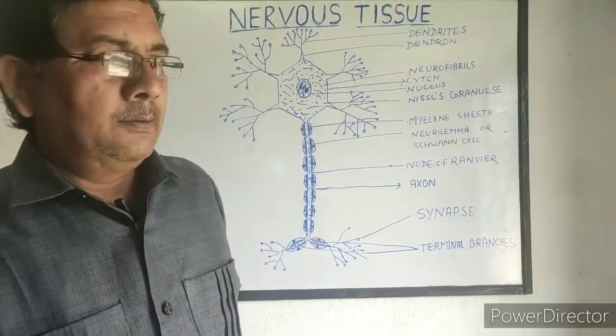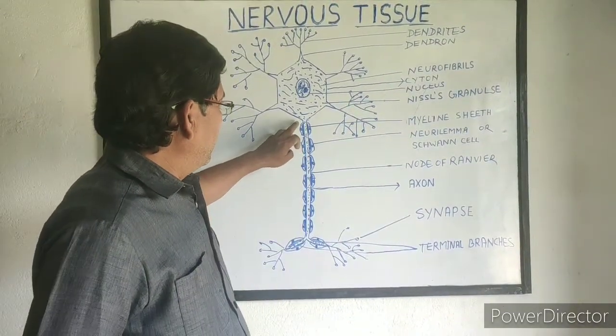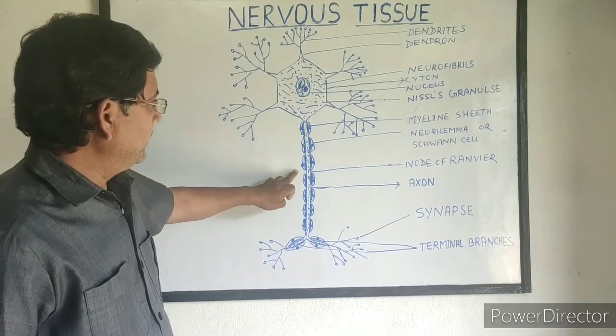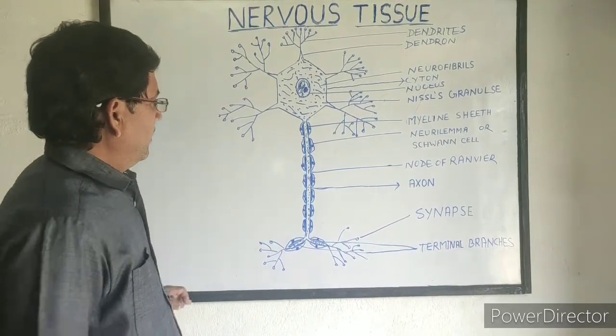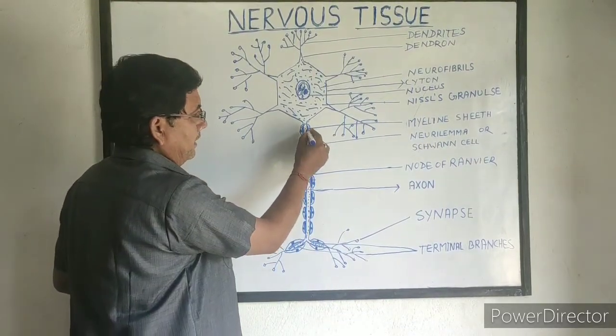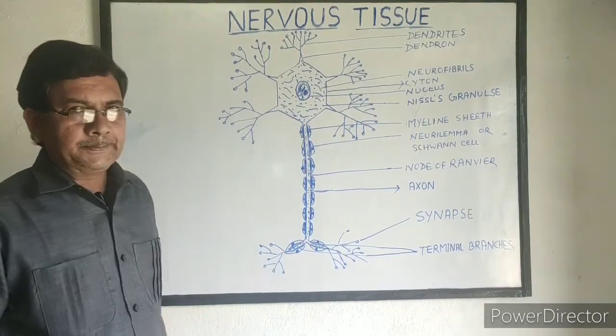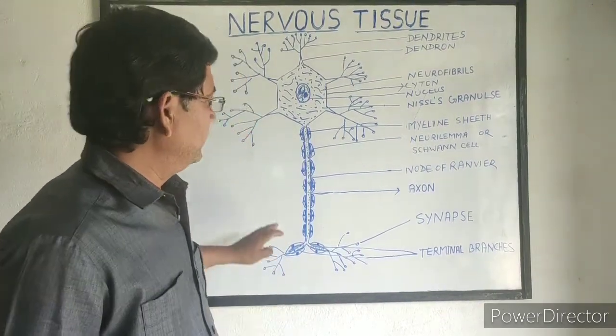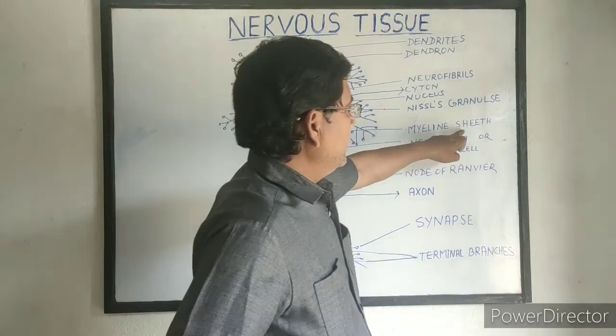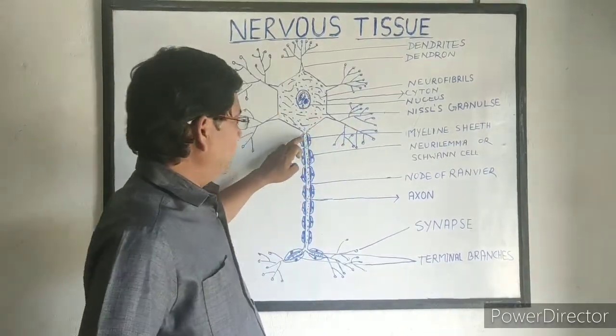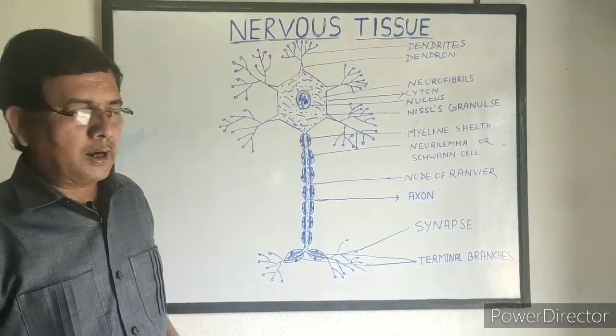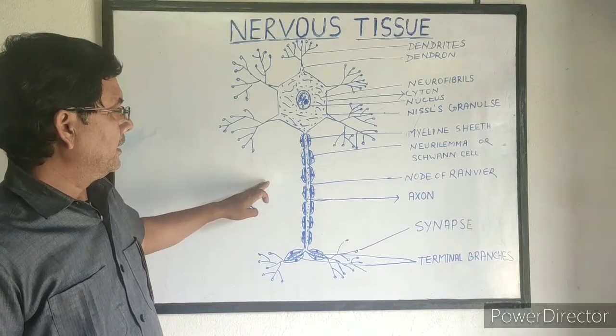So there are two coverings on the axon. The first covering is of fatty material, which is called the myelin sheath.